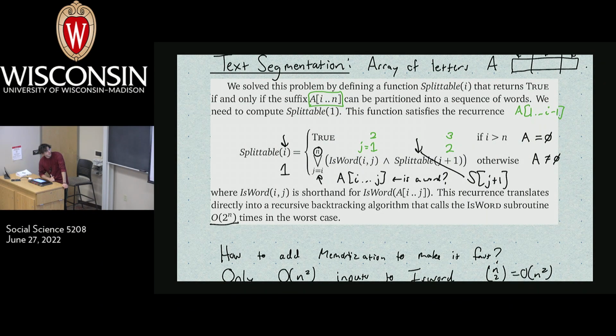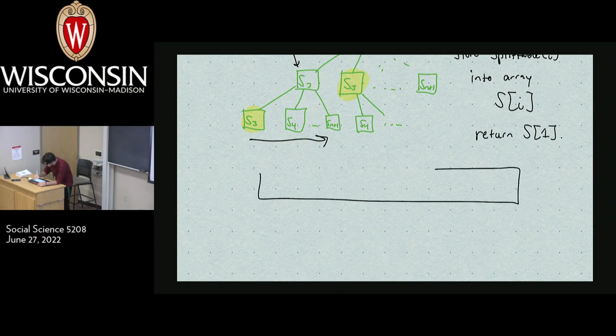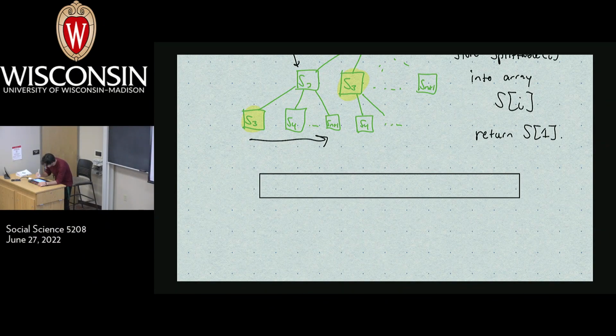So if we wrote this in actual pseudocode, what's the order we would fill in this table? Let's say we were looking at the array at some point. We're at I. Before we can compute I, what subproblems do we have to compute?